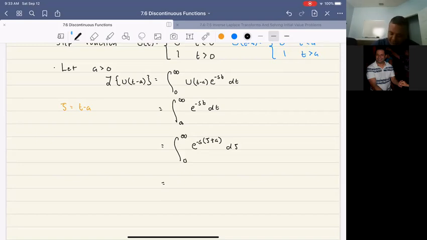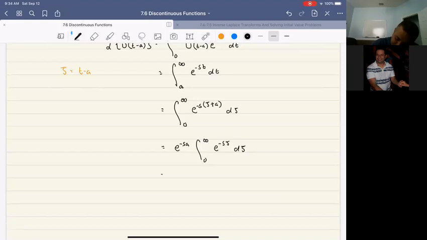So now we're going to have an e to the negative sa pulls out, the integral from 0 to infinity, e to the negative s tau d tau, and then this is our usual Laplace transform of 1. Okay, so this gives us e to the negative sa times 1 over s.